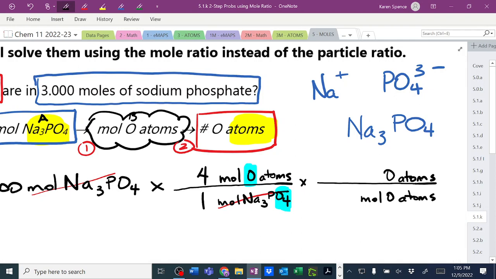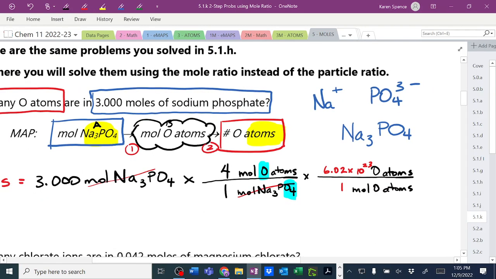What do we use to convert between a mole and a number? Avogadro's number, and that number is what? 6.02 times 10 to the 23, yes. And where do I put that? On the top, 6.02 times 10 to the 23 atoms per 1 mole. And now we are going to plug that into our little calculator.